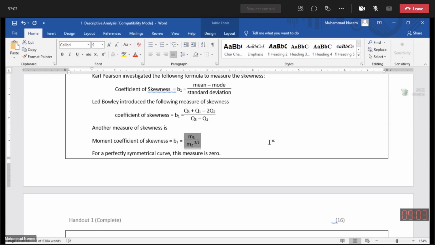In the numerator we have the third moment about mean, and in the denominator we have the second moment about mean. So this moment ratio also provides us the coefficient of skewness.